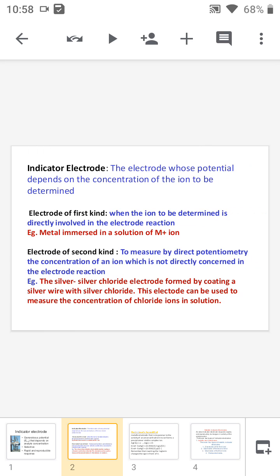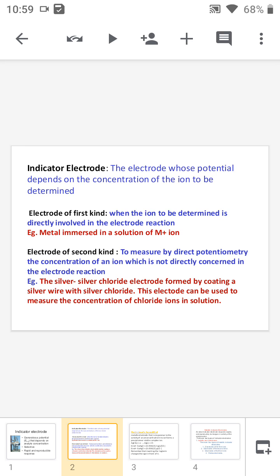And we can classify the indicator electrode into two different types. The first is the electrode of the first kind. That means the ion to be determined is directly involved in the electrode reaction. For example, if we measure the concentration of a zinc ion in an analyte solution, say a zinc sulfate solution, we usually create a cell by using a zinc rod dipped in that analyte solution, and the other half cell is a reference electrode.